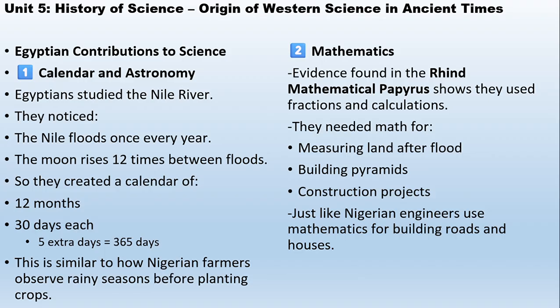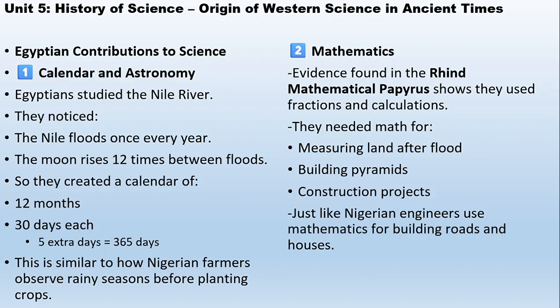They studied the River Nile and noticed that the flood comes once every year, and that the moon rises 12 times between those floods. That was how they got the 12 months.